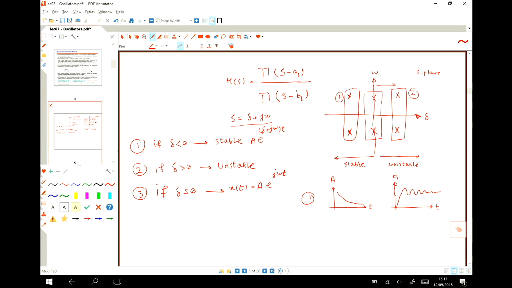But if we have these two, okay, what's the difference between these two? I mean, why does one of them have a kind of oscillation, and the other one does not? That would depend on the position of the poles. What's the difference between the position of the poles in case A and case B?